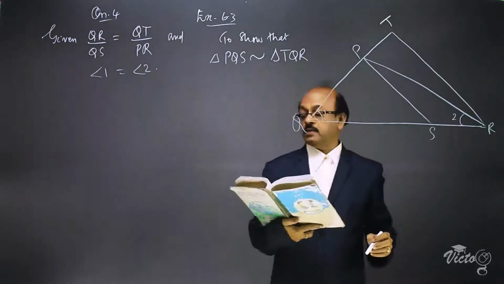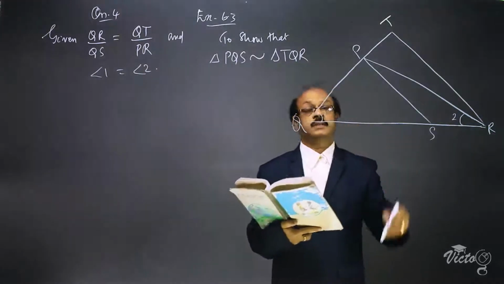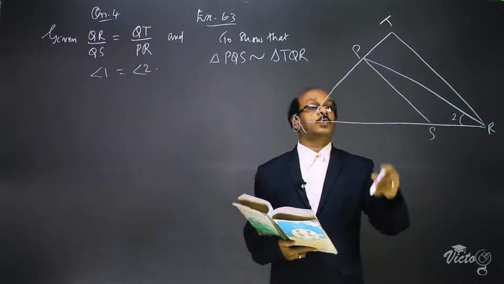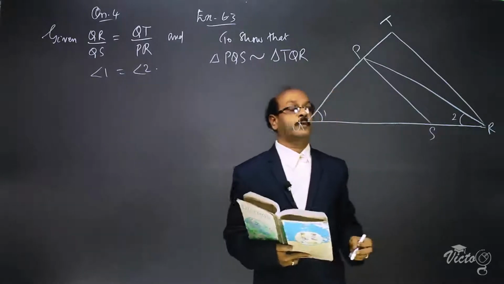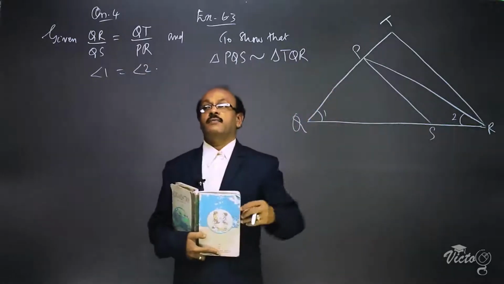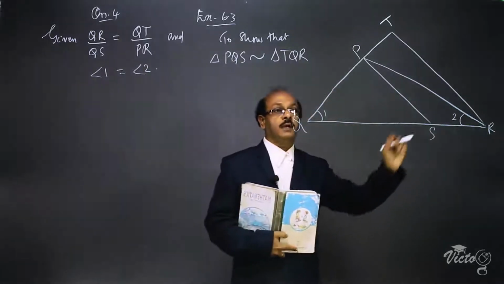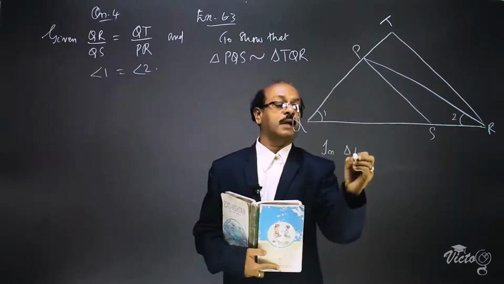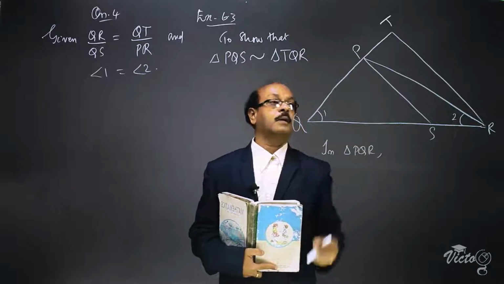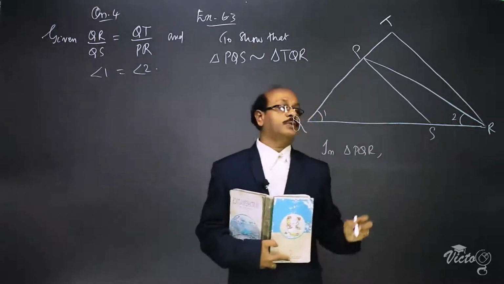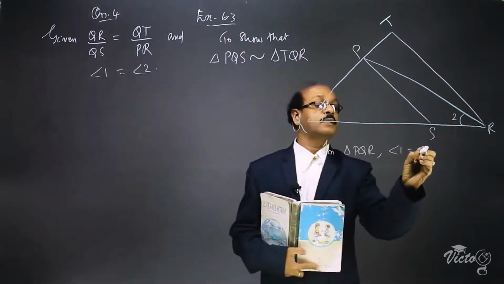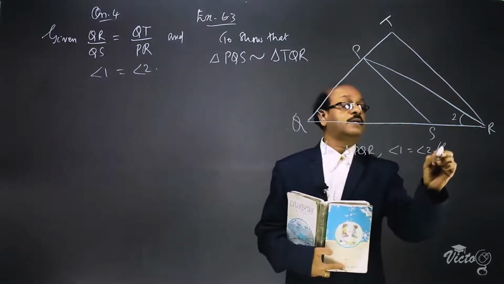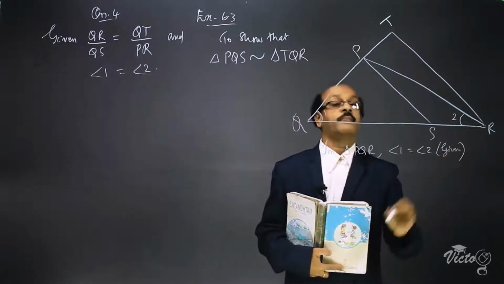We have to show that triangle PQS is similar to TQR. For that, in triangle PQR, it is given in the question that angle 1 is equal to angle 2.